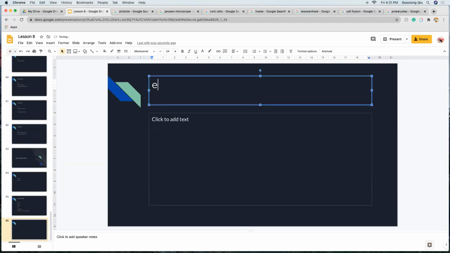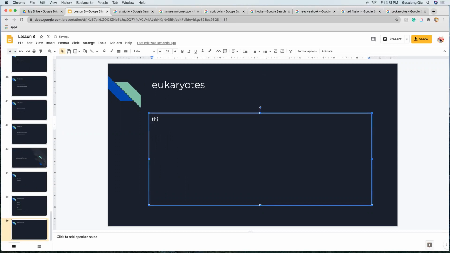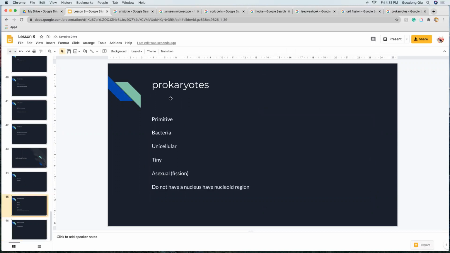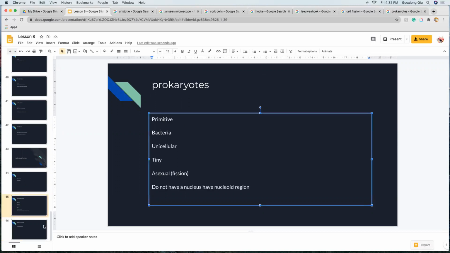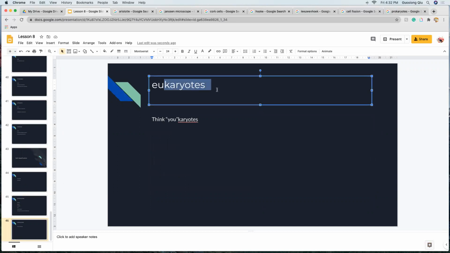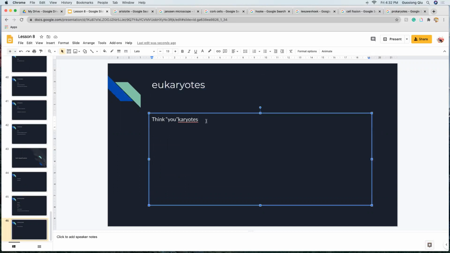Eukaryotes. Think "you," eukaryotes. That's how you remember the difference. Prokaryotes are not you. They are primitive bacteria. But eukaryotes, you are a eukaryote. All animals and plants are eukaryotes. Plants, animals, fungi.